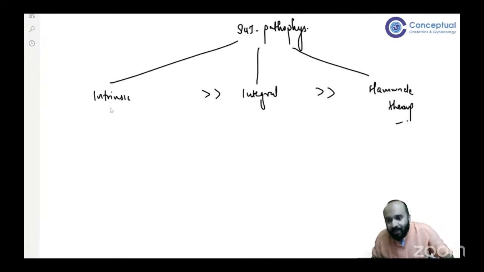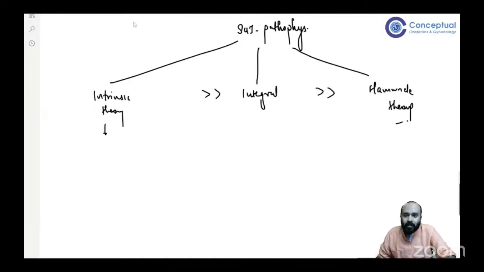So what is the intrinsic theory? The intrinsic theory says that loss of the integrity or the intrinsic nature of the urothelium is going to lead to incontinence. What does that mean?